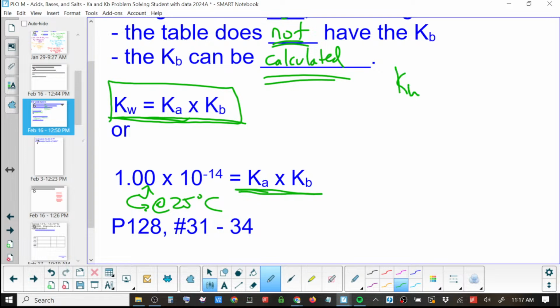We know, what's the other formula we have for Kw? The concentration of H plus times the concentration of OH minus, right? Okay. Previously I asked you to calculate the Ka and the Kb for the generic case for HA and A minus, right? What I would like you to do is take that equation and solve for H plus and OH minus. Rearrange it algebraically.